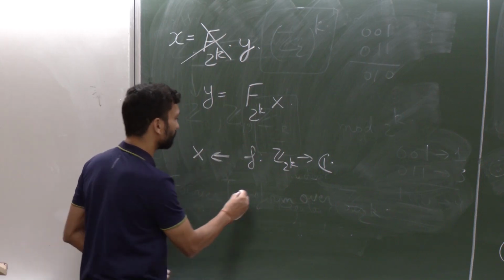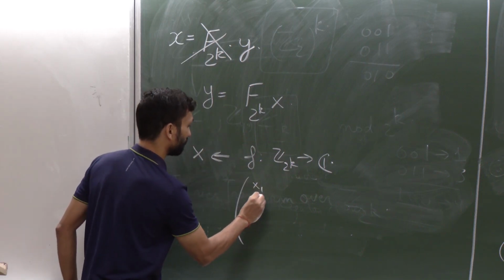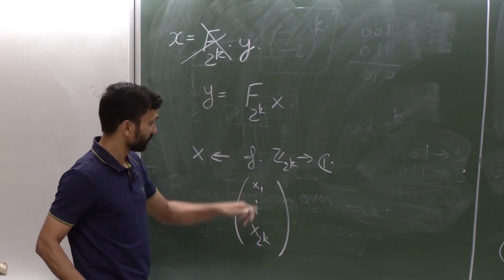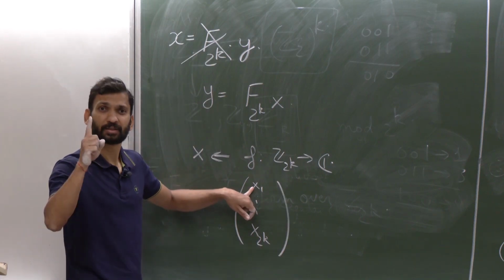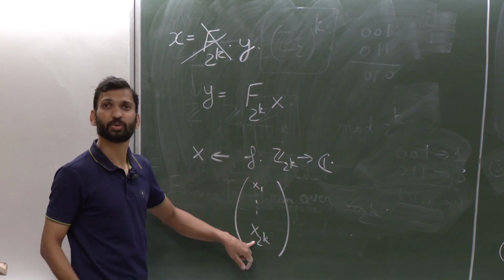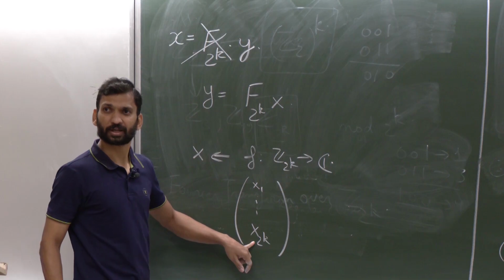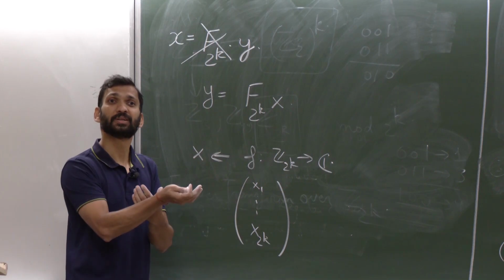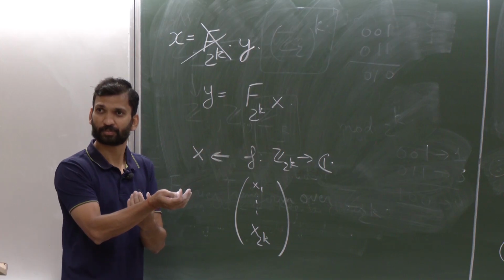So I have a vector like this. This gives me the function value at 1, at 2, at 0. Correct? So given these function values, I want to calculate its Fourier transform.